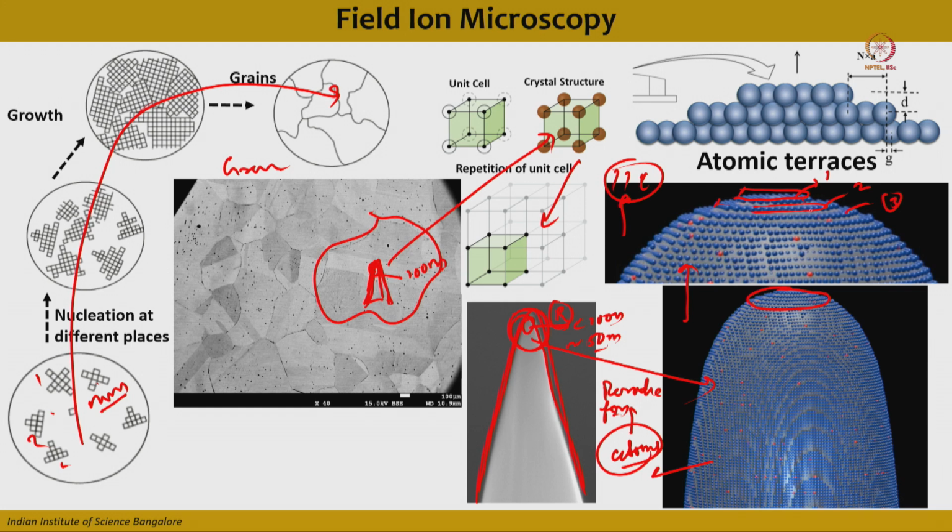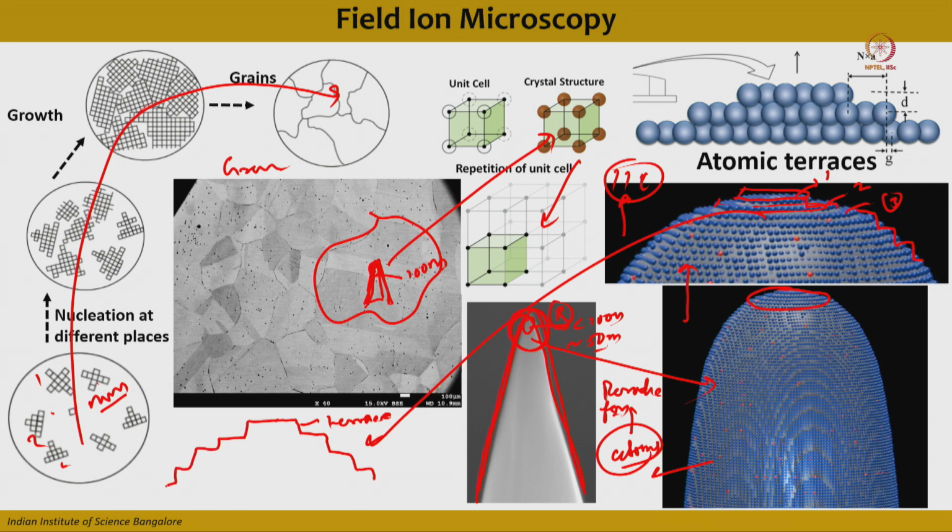So between these two planes you can see there is a step. If you zoom out, you will have one plane, there is a step, another plane, there is a step. So you will have a ledge. This is called a ledge or a terrace.